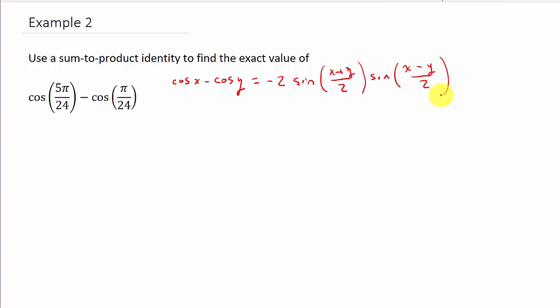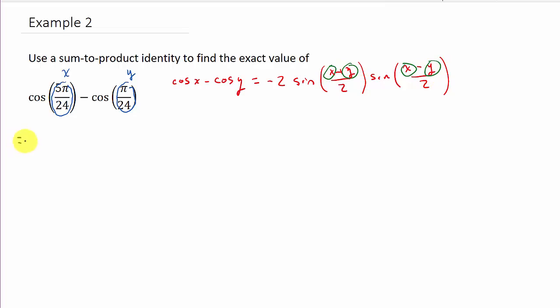Here, this angle would be x and this angle would be y. All we do is take the angle that x is and plug it in for x, and take the angle that y is and plug it in for y. So let's start.